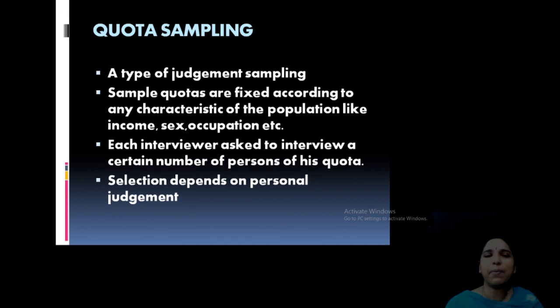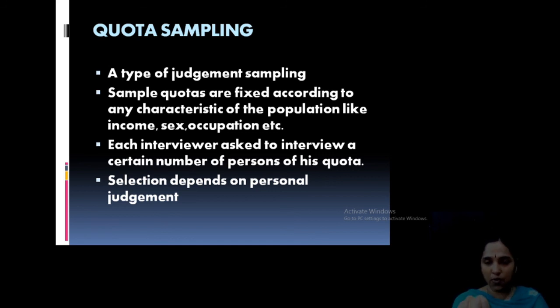Then quota sampling. This is of least importance. A type of judgment sampling. Some quotas are fixed, and according to that we will take. For example, sampling of the population based on sex, occupation, income, etc. Then each interviewer is asked to interview a certain number of persons of his quota. For example, based on occupation, government job, private job, I am going to interview them.